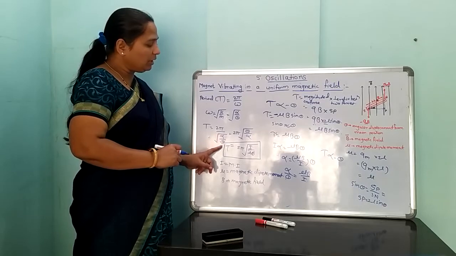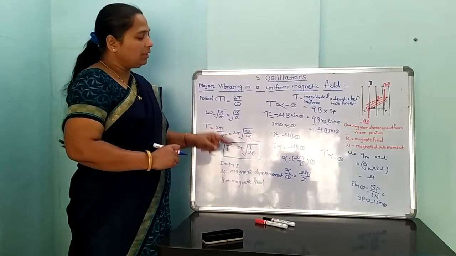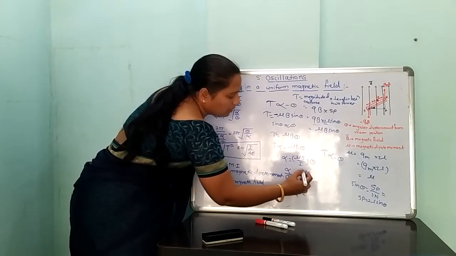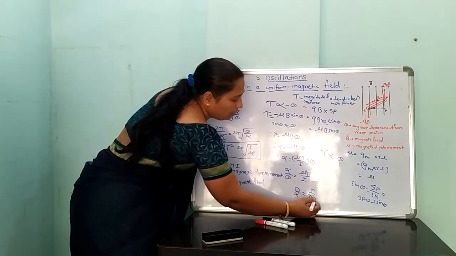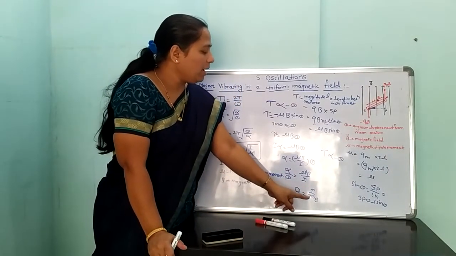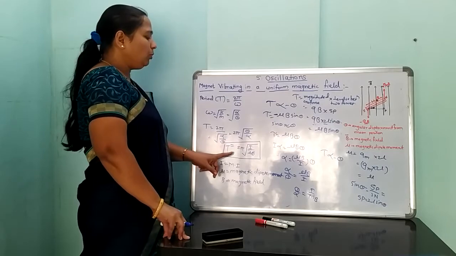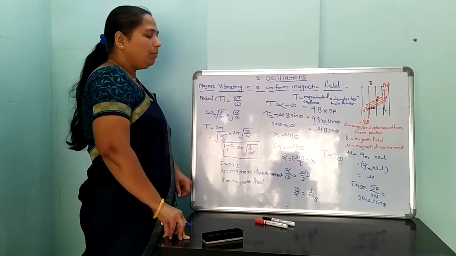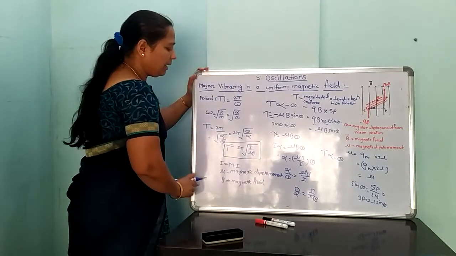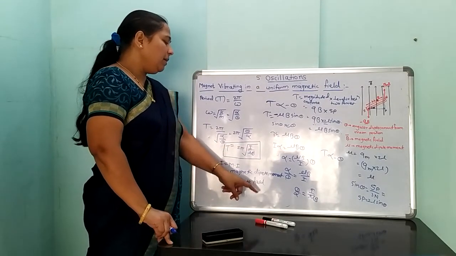Substitute the value of alpha upon theta. Hence, T is equal to 2 pi square root of theta upon alpha, and theta upon alpha is the reciprocal, so theta upon alpha is equal to I upon mu B. Substituting that value, we get the formula for period: T is equal to 2 pi square root of I upon mu B, where mu is the magnetic dipole moment, I is the moment of inertia, and B is the magnetic field.